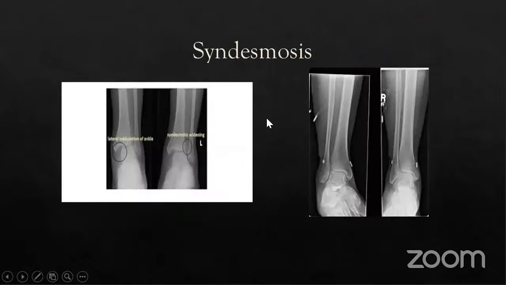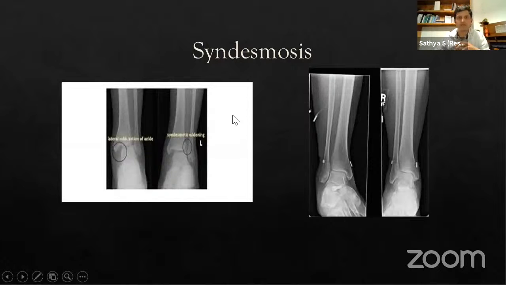All right. Here I am showing you a syndesmosis injury, how a syndesmosis injury happens and what happens in it. The syndesmosis is nothing but the anterior inferior tibiofibular ligament that protects your tibia and fibula and forms a hinge for the talus to articulate.